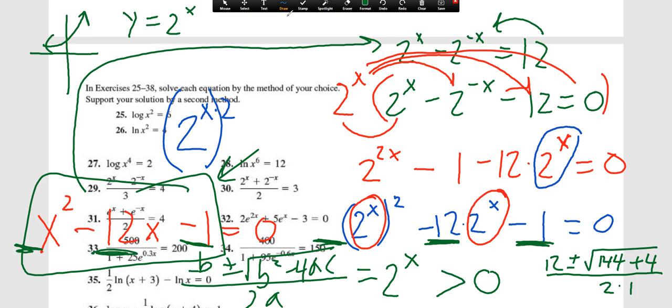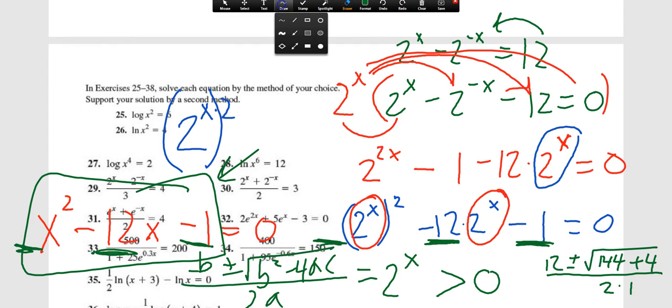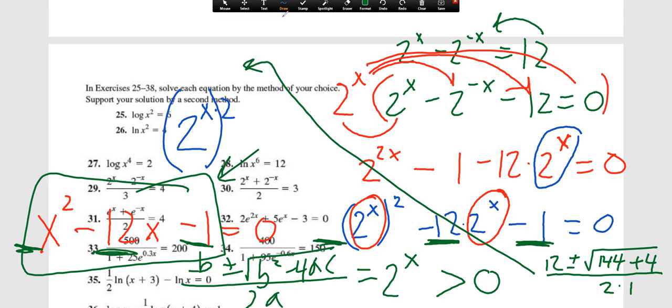Gives me 12.083. Okay, I'm going to erase up here at the top because I want to do this one last answer and be done. So out of that quadratic formula, the only one we got was the 12.083. The other one was a negative number, which we know doesn't work. So if you know that 2 to the x equals 12.083, how do you find x? You have to change it to its log form.